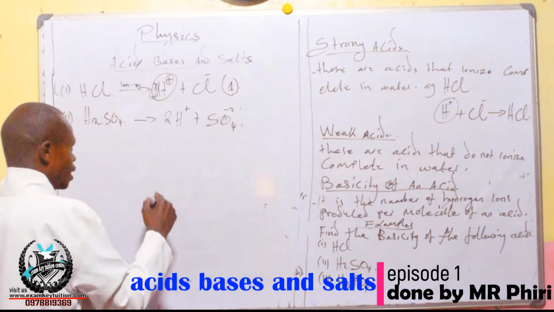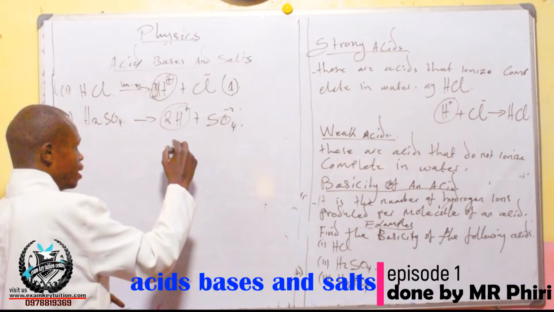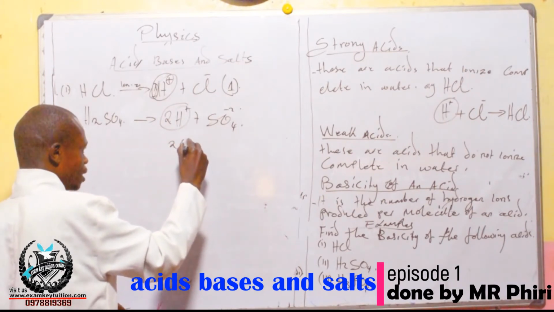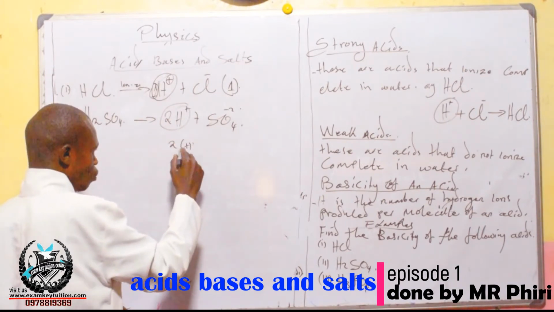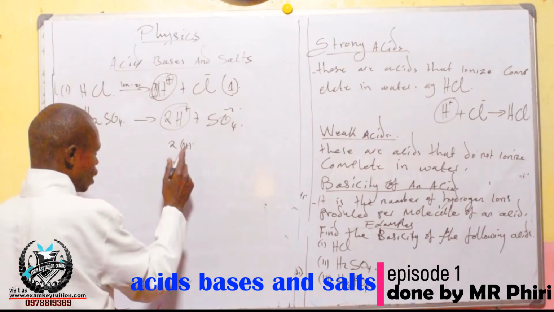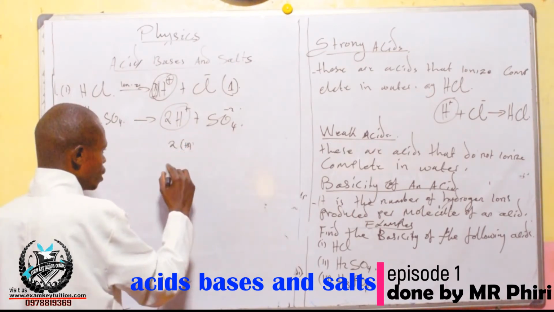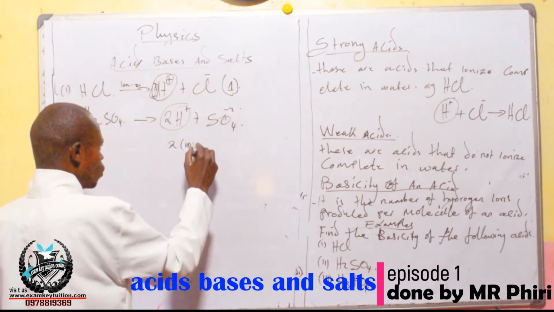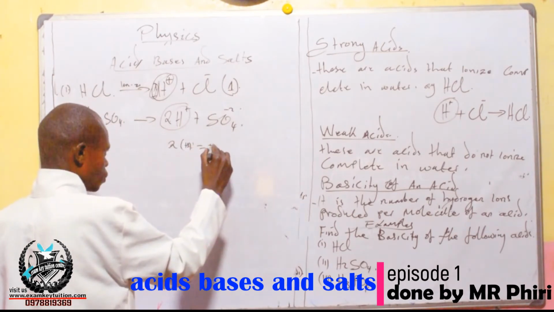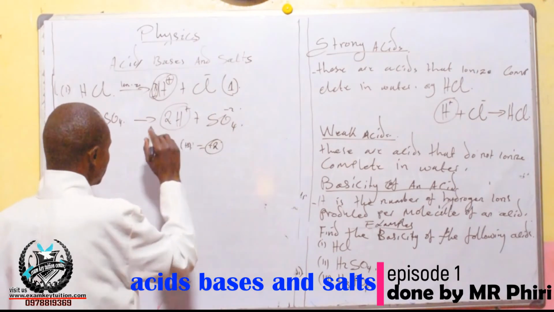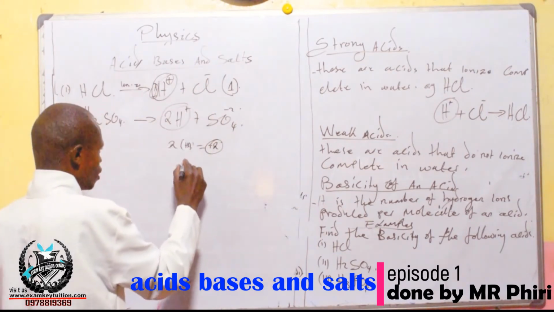If you look at this one here, there is a 2 and a plus 1. So 2 times plus 1 gives us plus 2. In other words, the basicity of this acid is equal to 2.